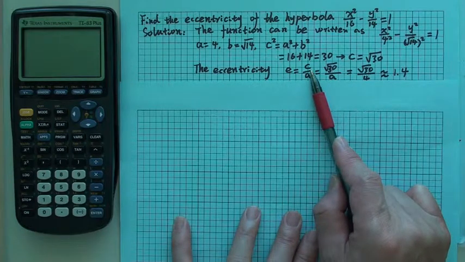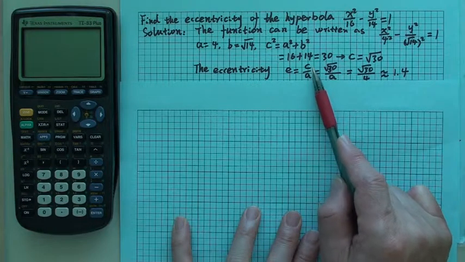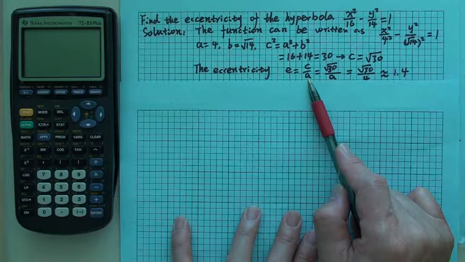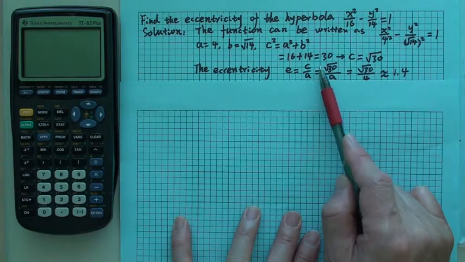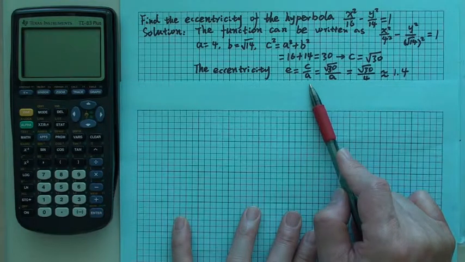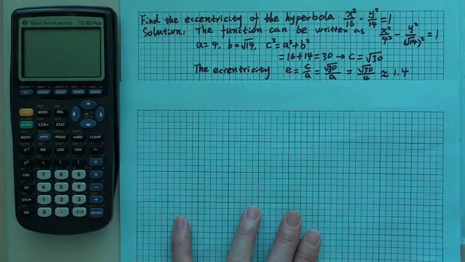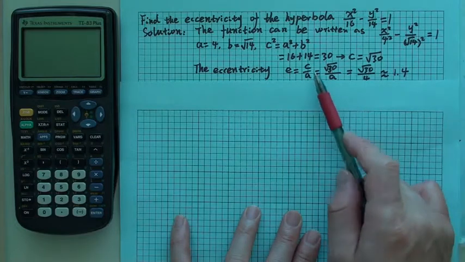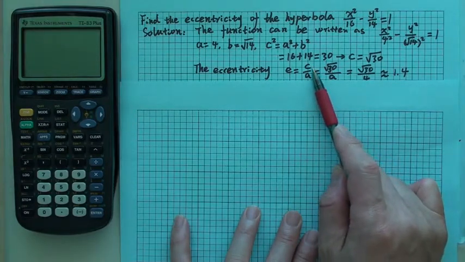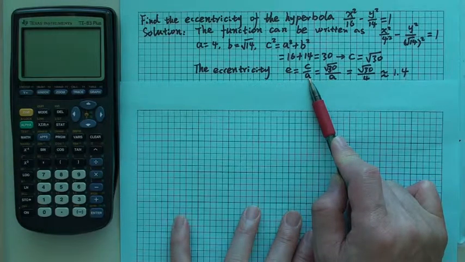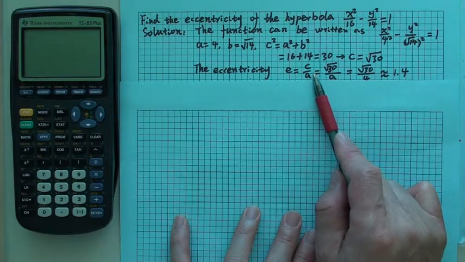That's the definition. Try to remember that. Again, how do you remember it? c tells us the foci, a tells us the vertices. a and c are always on the same axis. So it's always c over a, in both ellipse and hyperbola.